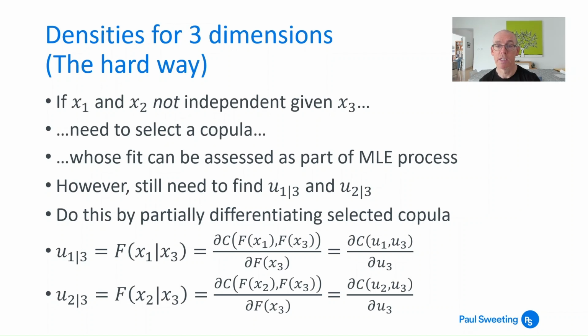So essentially, the partial differential of c u1 u3 by u3. And similarly, u2 given 3 is the partial differential of c u2 u3 by u3. So it is not necessarily straightforward, but it is possible to find these variables and plug them into the copula that we choose.